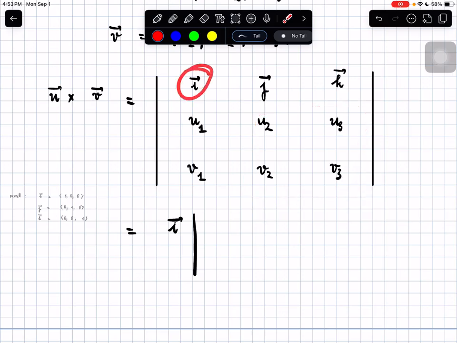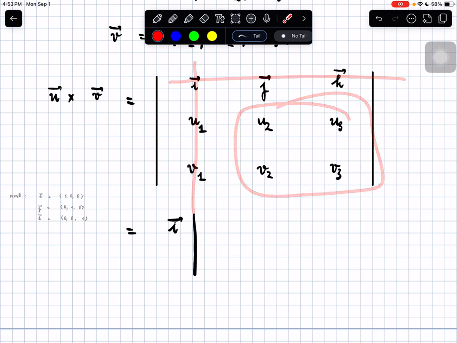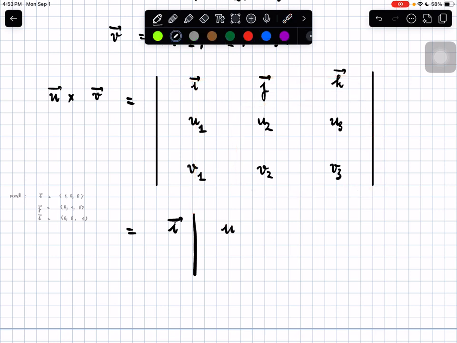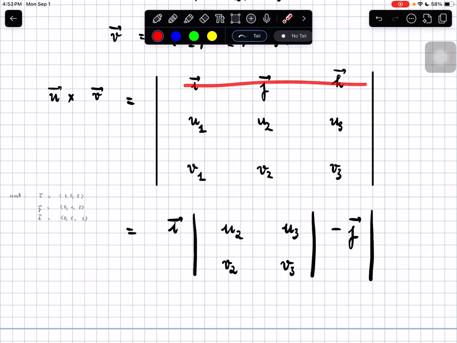When you put vector i here, you delete the first row and the first column. What is left is this matrix: u2, u3, v2, v3. Then it is minus j, and again you delete the rows and columns where vector j is on.